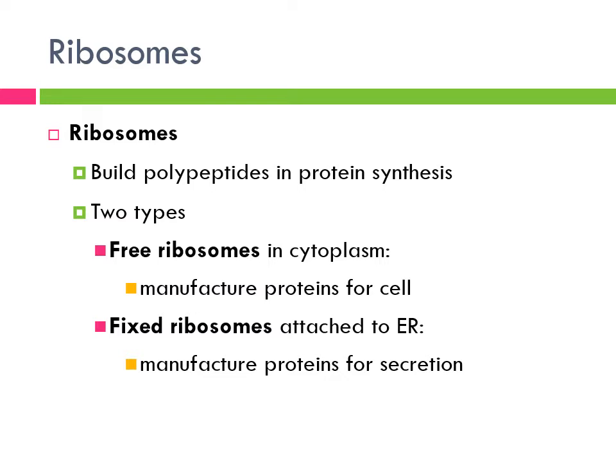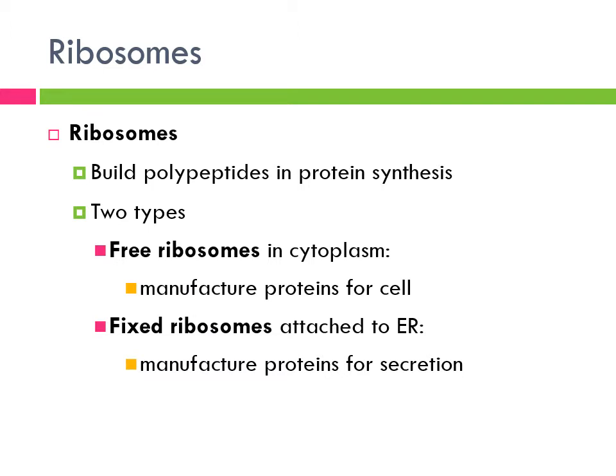Ribosomes are sort of the opposite. They use amino acids to build proteins. So ribosomes are very important in protein synthesis. We have two different types of ribosomes in our cells. Free ribosomes, which are within the cytoplasm, and they manufacture proteins to be utilized within the cell. And then fixed ribosomes.